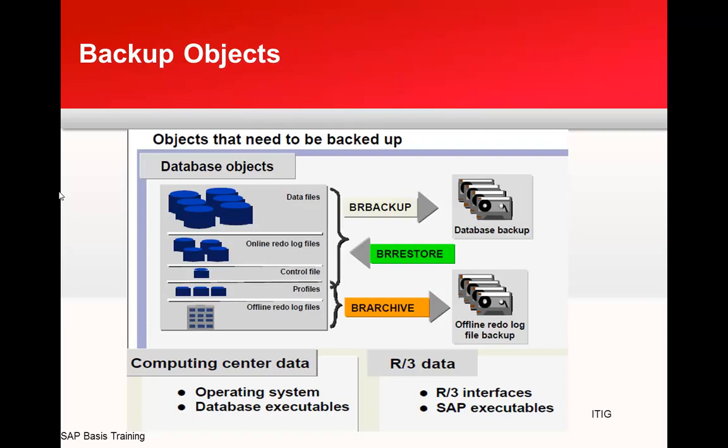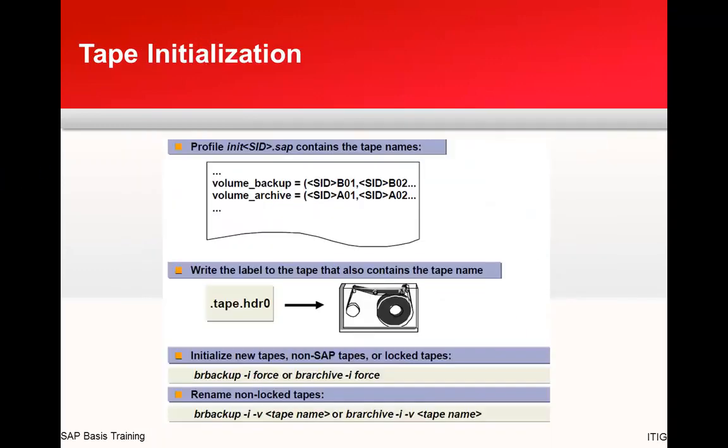That is about the database objects which need to be backed up. Then tape pools: what is the size of the database backup, how many parallel backup runs can happen, and what is the length of the backup. Depending on that you need to have the number of tapes.